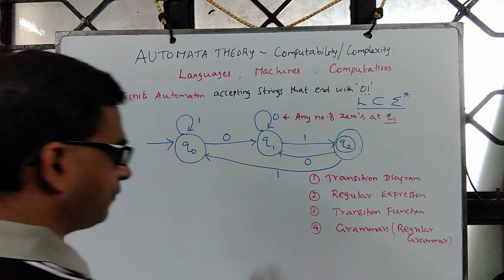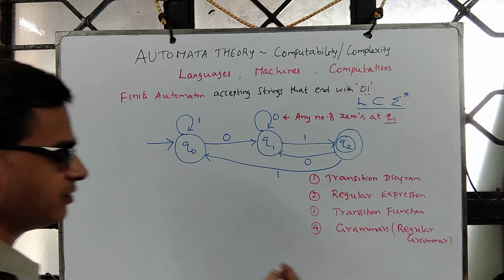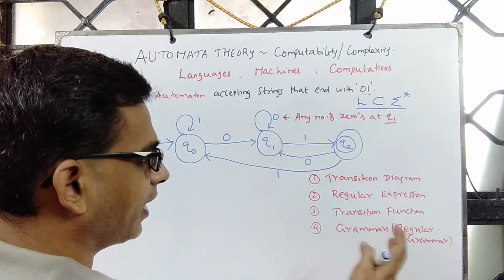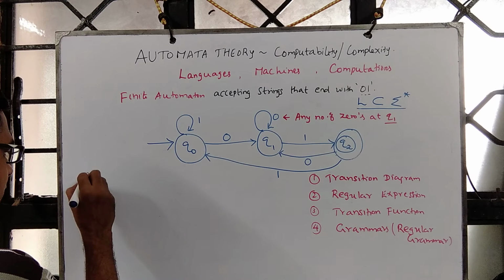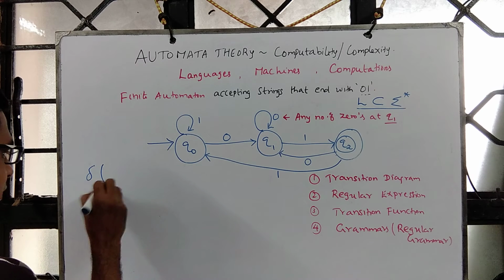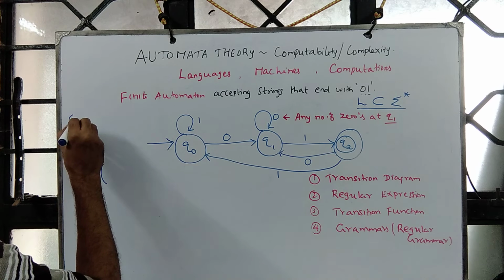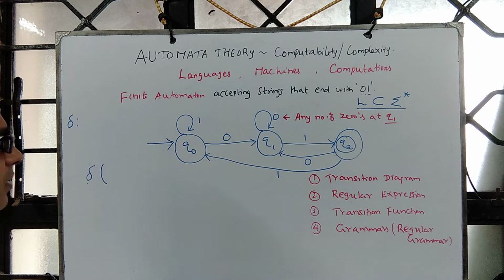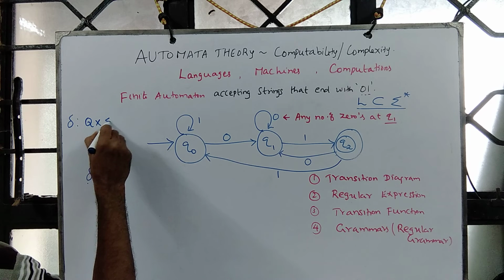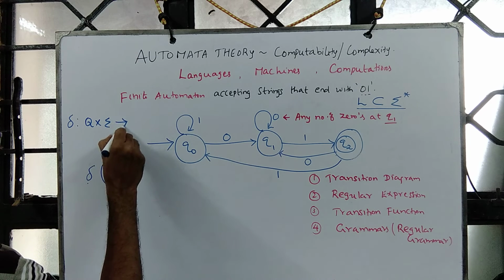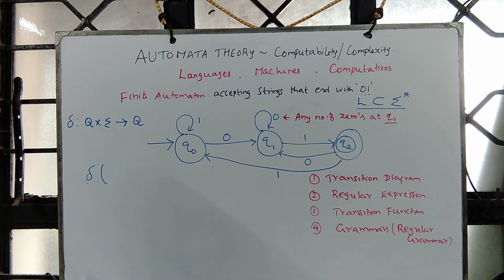So the transition function, one can get it from this. It is a function, so it has a domain, a codomain, and a mapping, all of which we shall see. The way we describe the function is using the notation delta. Delta represents the function from Q cross sigma to Q. Now what is Q?